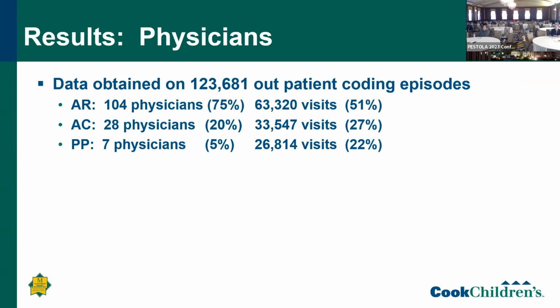And what we were able to use was data from 123,000 outpatient coding episodes. I didn't include the inpatient work in this talk, just the 123,000 outpatient. So that's the equivalent of, like, we have 34,000 outpatient encounters in our institution, and we do 4,000 inpatient encounters.